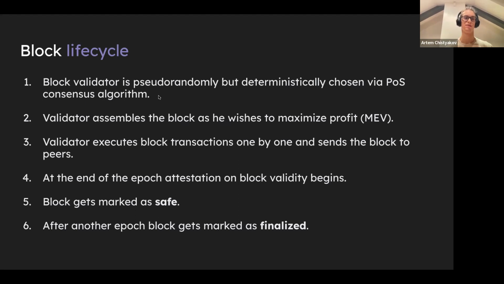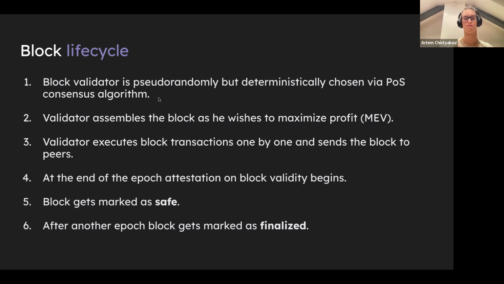That means that, contrary to Bitcoin, where every miner solves a puzzle to become the one who is going to receive the rewards, in Ethereum the validators are chosen by the proof of stake algorithm, pseudo-randomly but deterministically. You can't know for sure that, for example, in 100 blocks this particular validator will be the one. No, it is impossible, but you can definitely know who is going to be the next validator to validate the next block.